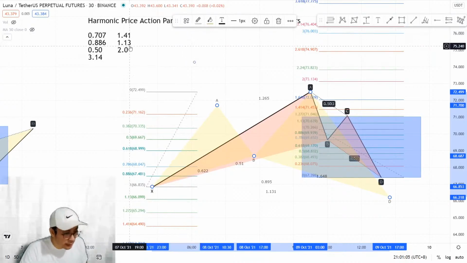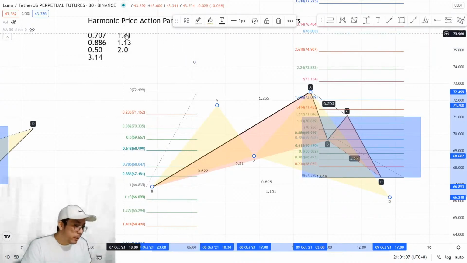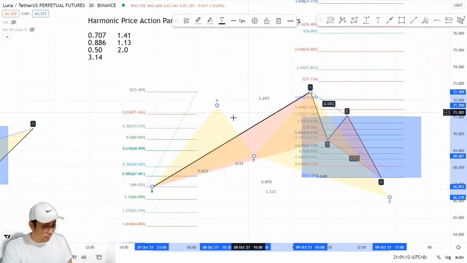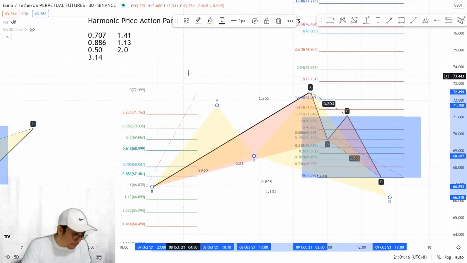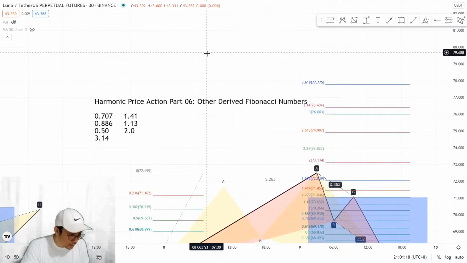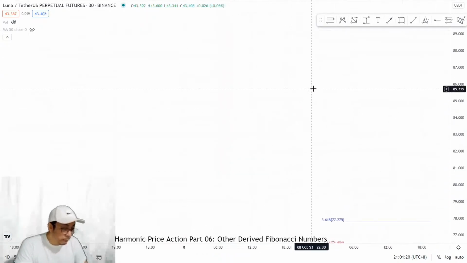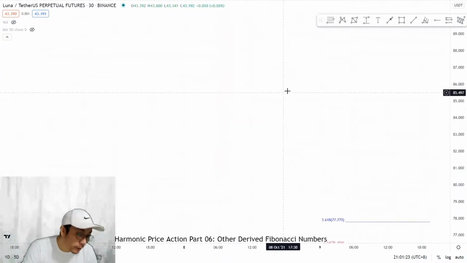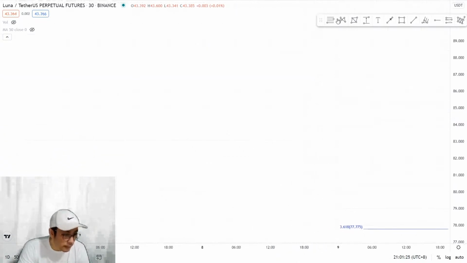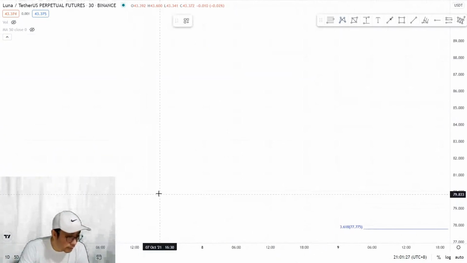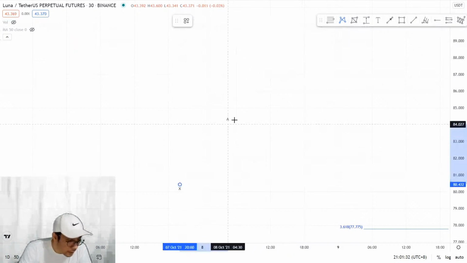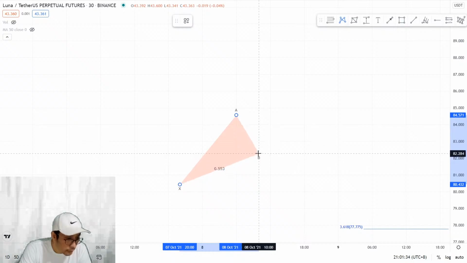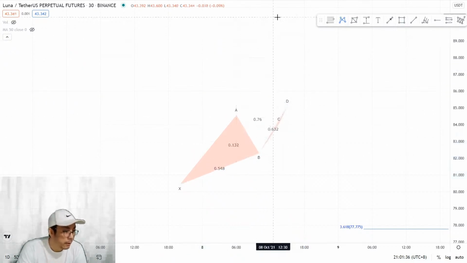If this is a 0.707, we will be just looking for the 1.41. Usually, the 1.41 is, for example, if we use this shark pattern or cipher pattern. So let's use first the ABCD.